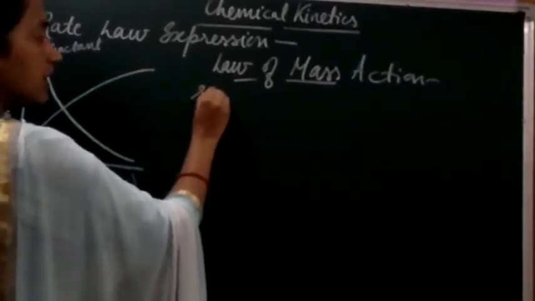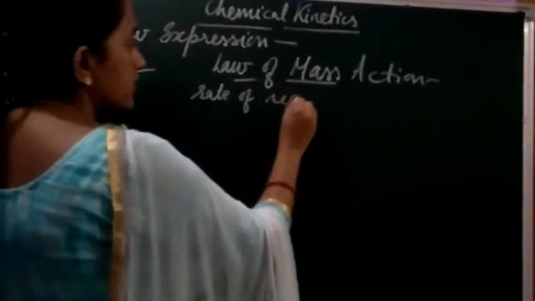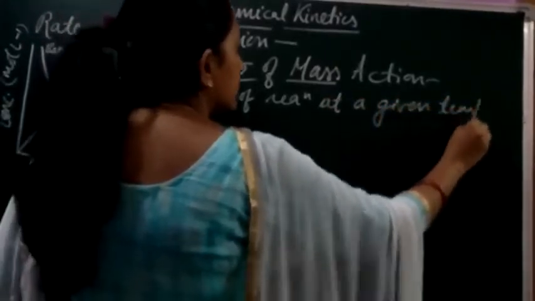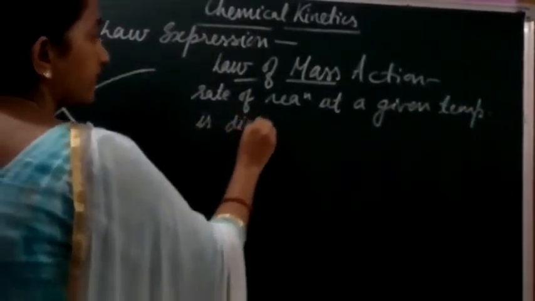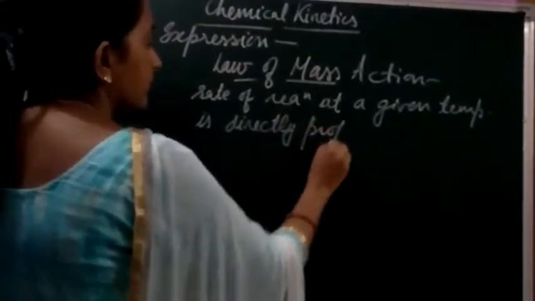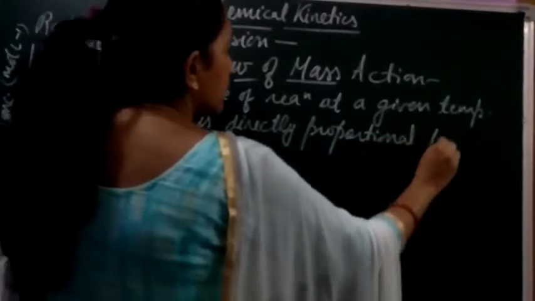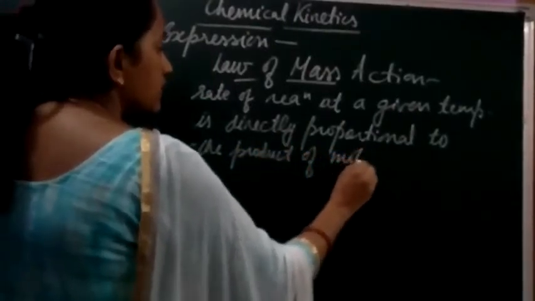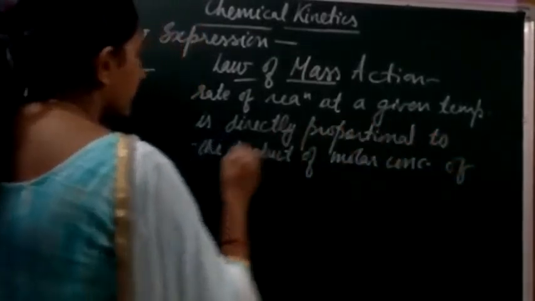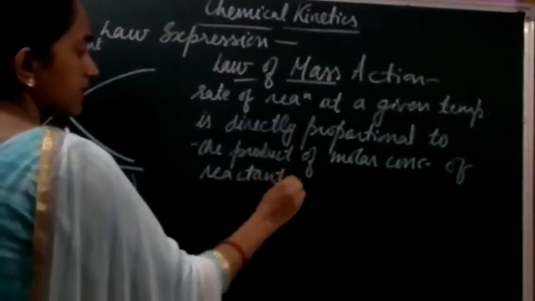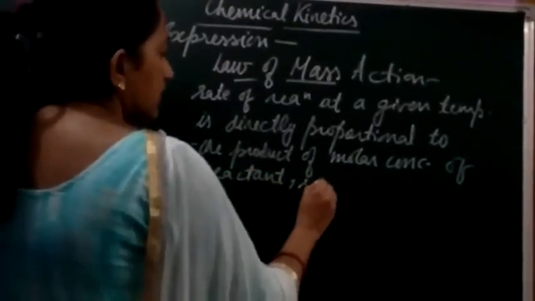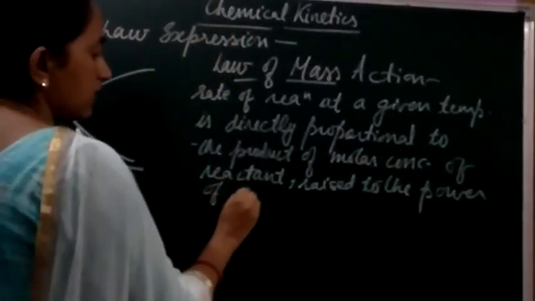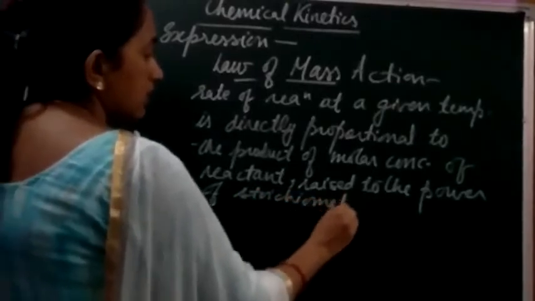So it states that the rate of reaction at a given temperature is directly proportional to the product of molar concentration of reactant raised to the power of stoichiometric coefficient.